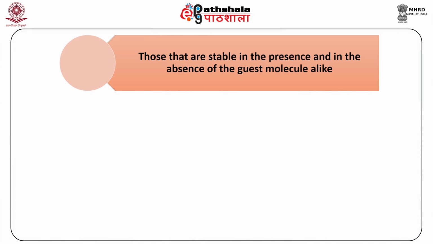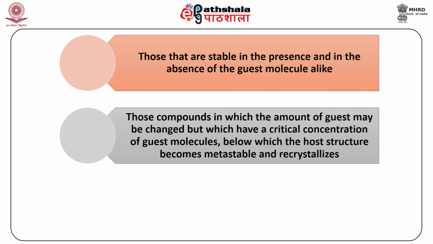For example, the scientist named Barrer divided the inclusion compounds into three categories based on the varying concept of the host crystal. These categories are those that are stable in the presence and as well as the absence of guest molecules alike. Then there are those compounds in which the amount of guest may be changed, but which have a critical concentration of guest molecules below which the host structure becomes metastable and recrystallizes.